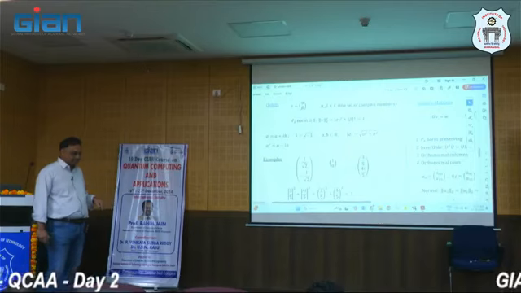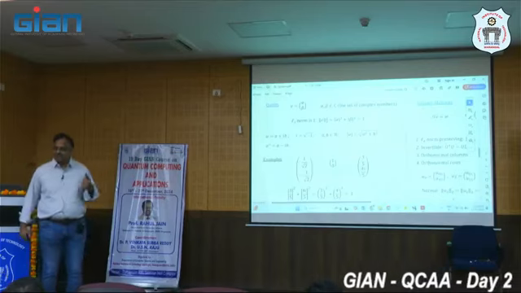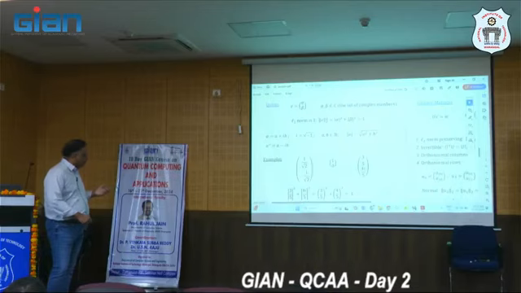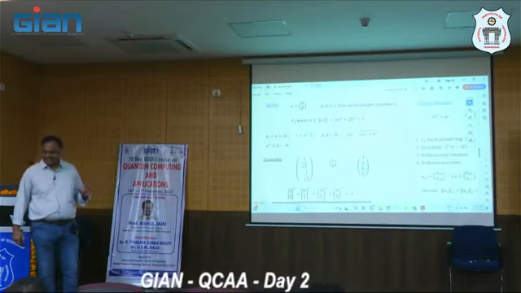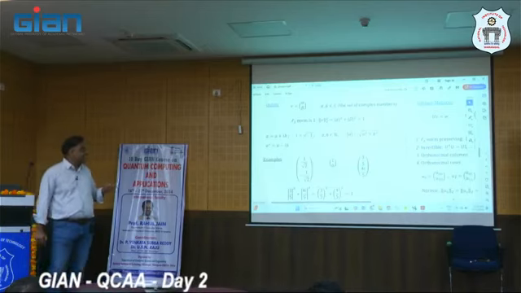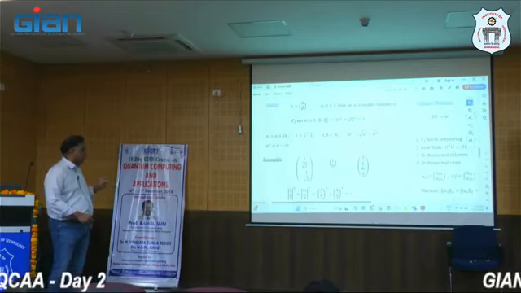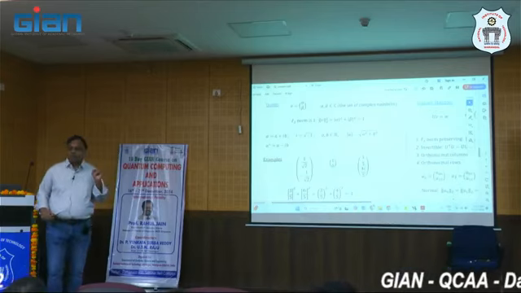4i/5. Okay, let us do this carefully. Mod alpha square is how much? Now mod 4i/5 square. Remember, mod is always going to be a non-negative number.